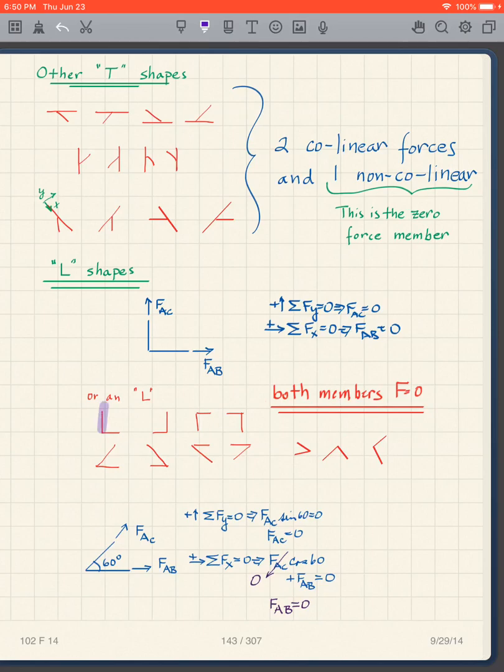So it's about an L and a T. If we have an L, both members have zero force. If I have a T, then just the stem of the T has a zero force.